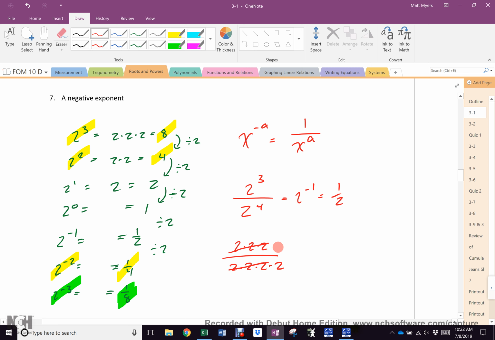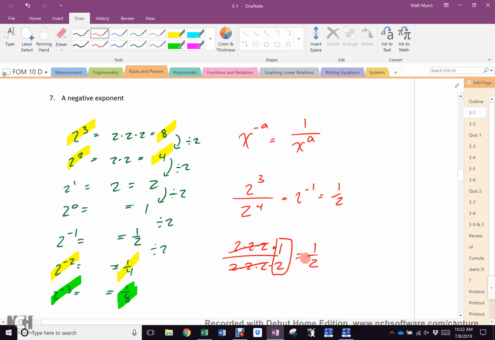I can't have 0, because if it was 0, 0 divided by 2 is 0, and this is clearly not 0. This is 2 times 2 times 2 times 1, isn't it? What is left? 1/2. That is why 2 to the negative 1 is another reason that it equals 1/2.